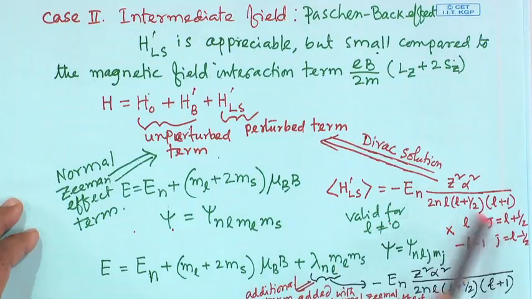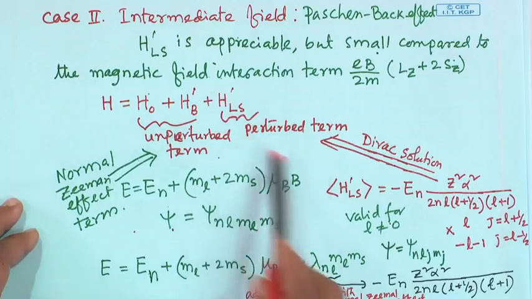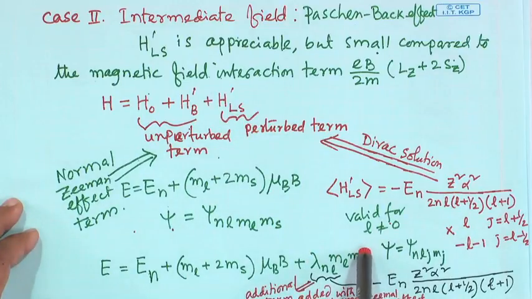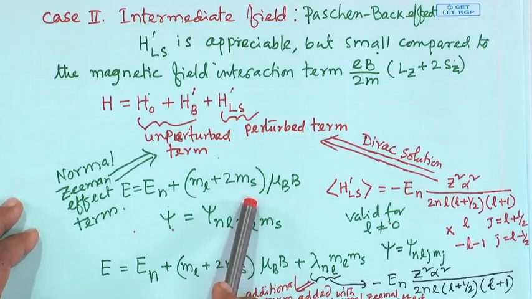As I mentioned, this is the Hamiltonian in the presence of a magnetic field that is applied along the z direction.